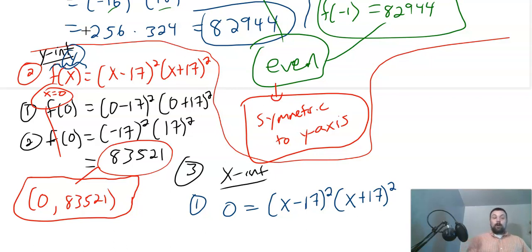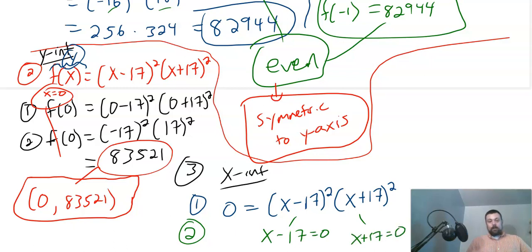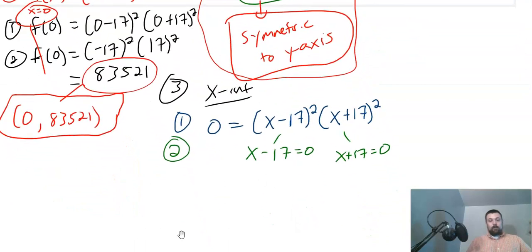Because step two now is solve this for x. Well, since it's already factored, I just set each factor equal to 0, and I solve for x, and I get my x-intercepts. And so what we're going to end up finding is we'll add 17 to both sides, and we get x equals 17.